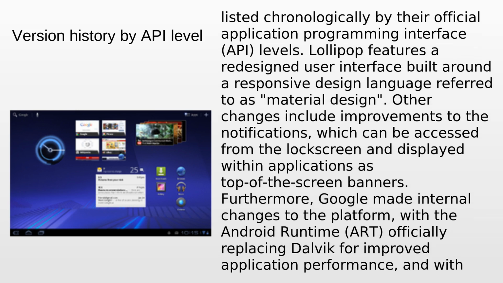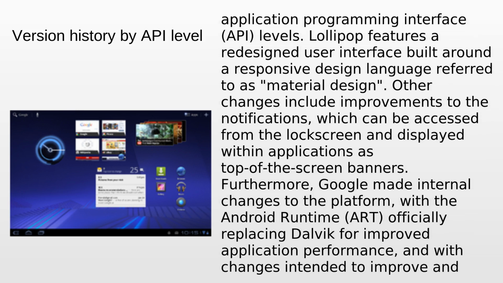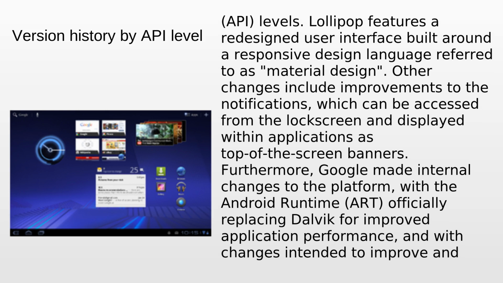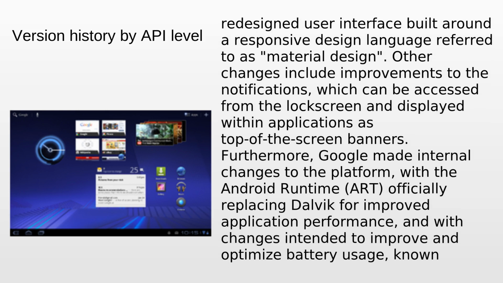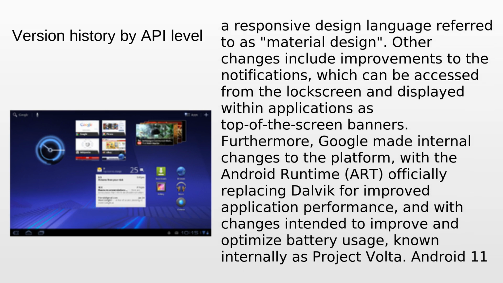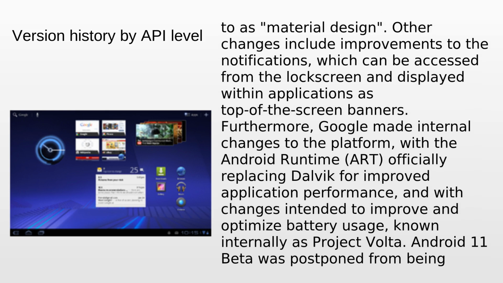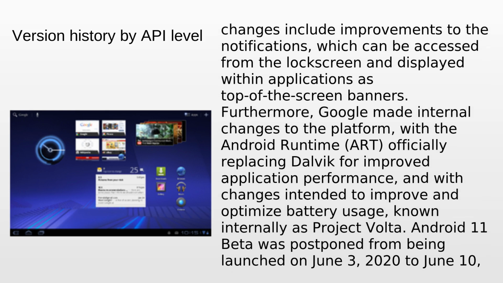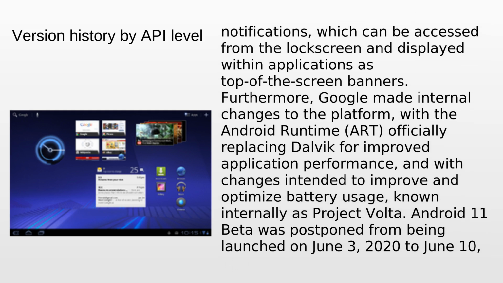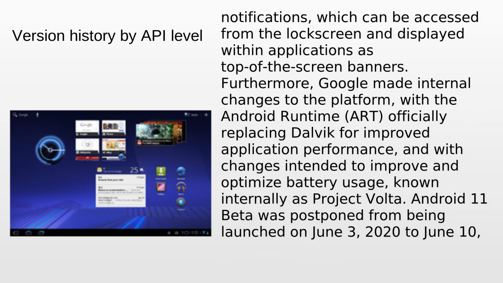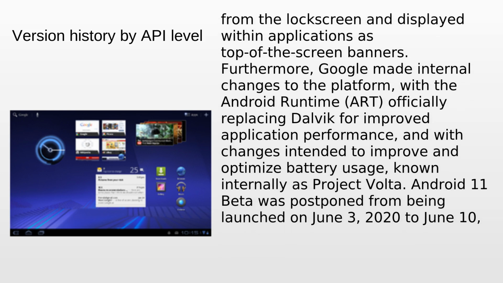Lollipop features a redesigned user interface built around a responsive design language referred to as material design. Other changes include improvements to the notifications, which can be accessed from the lock screen and displayed within applications as top of the screen banners.